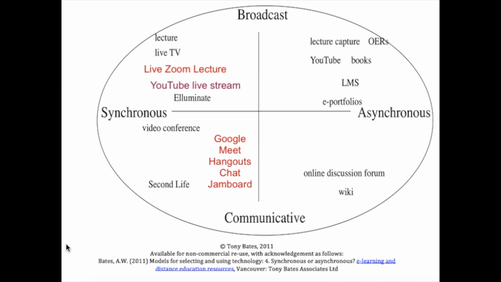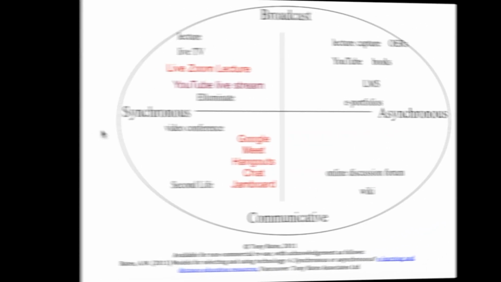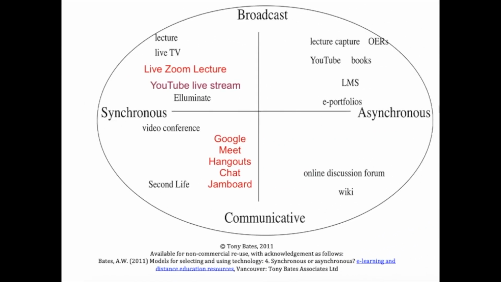So moving into the diagram, the terms asynchronous and synchronous are 2 words that have been used a lot by educators in 2020. But what do you understand when you say, my class is synchronous today?